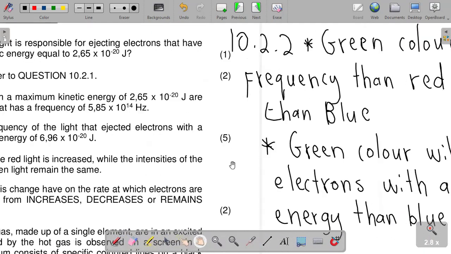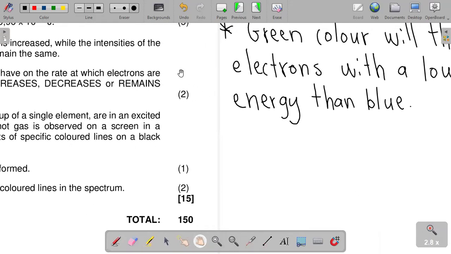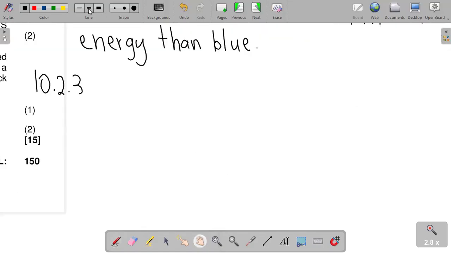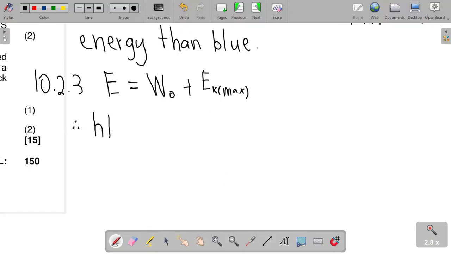So for 10.2.3, we start by finding the work function. We're going to say E equals work function plus EK max. So then it's going to be hf equals W plus EK max.